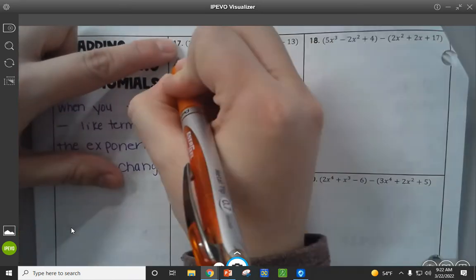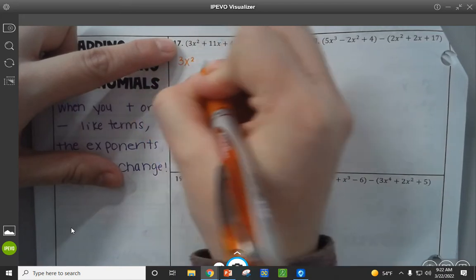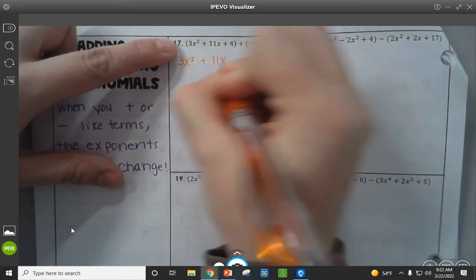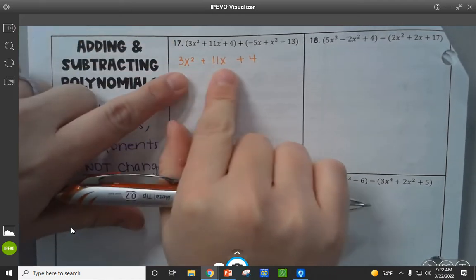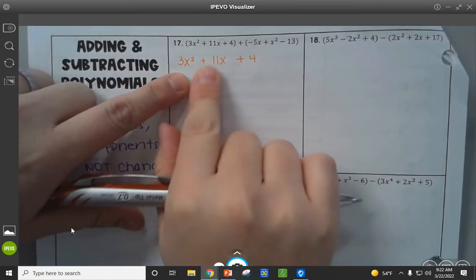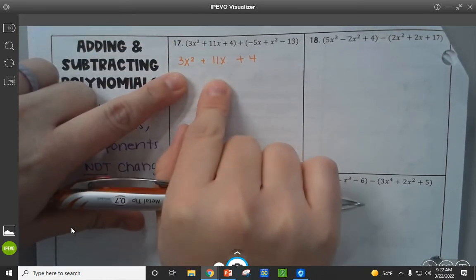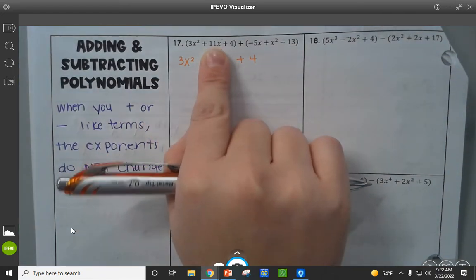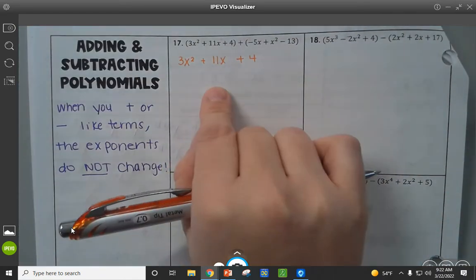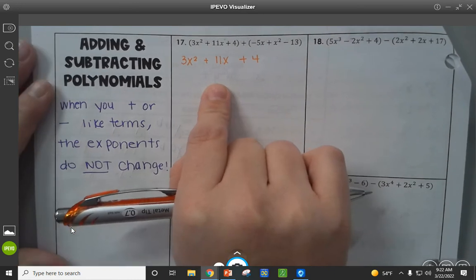And so I'm going to rewrite 3x squared plus 11x plus 4. Now, if I was missing a term, I would just leave a space for that. Like if I didn't have an 11x, if it was just 3x squared plus 4, I'd leave a space so that when I stack them, I have a place for the plain x.